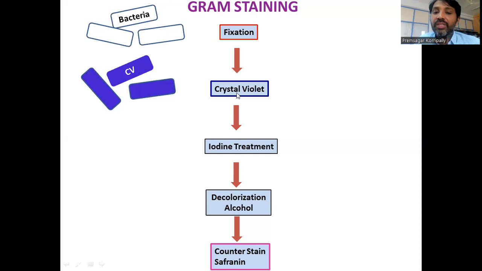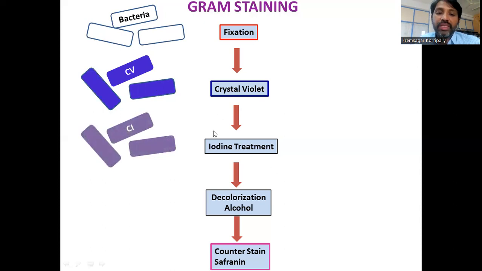Once you fix the sample, add the crystal violet. When you prepare a crystal violet aqueous solution, it dissociates into crystal violet and chloride ions. Crystal violet is positive, chloride is negative. Crystal violet can bind to the negatively charged molecules in the bacteria and the bacterial cell wall, and the color will be retained.